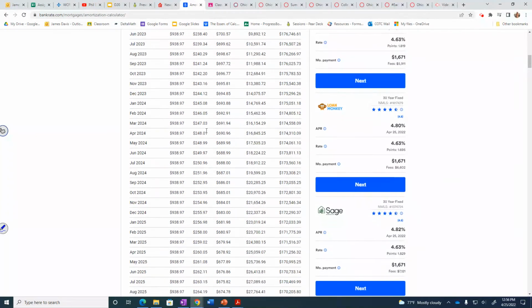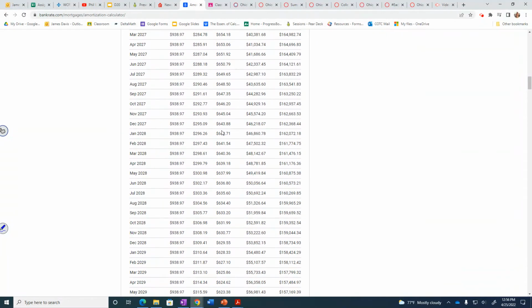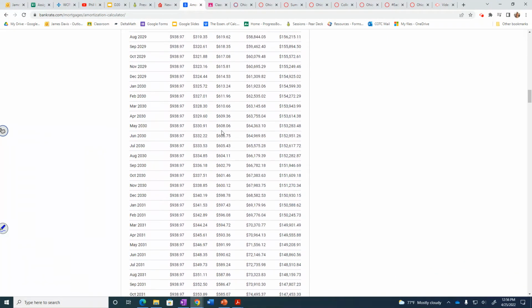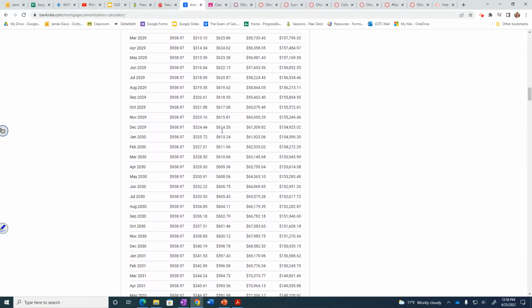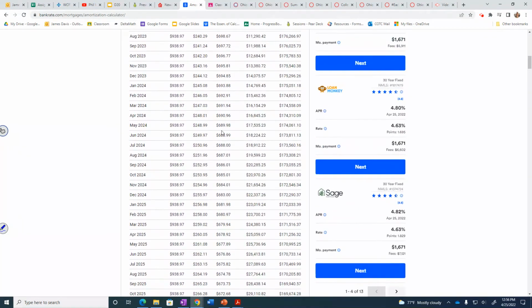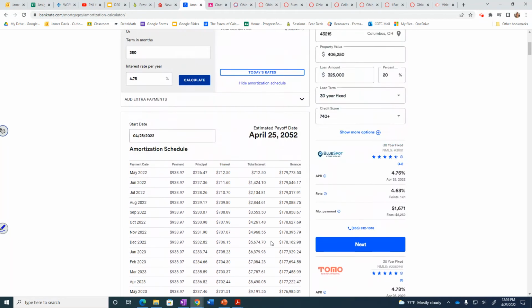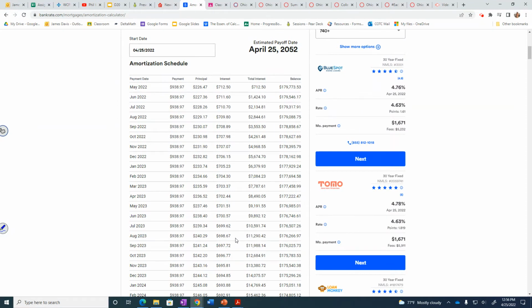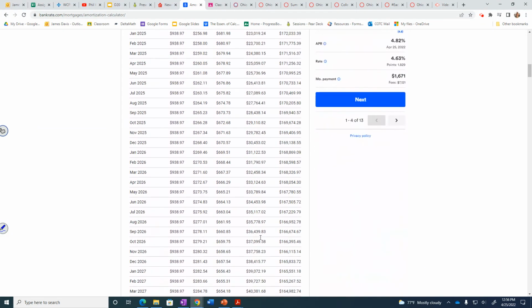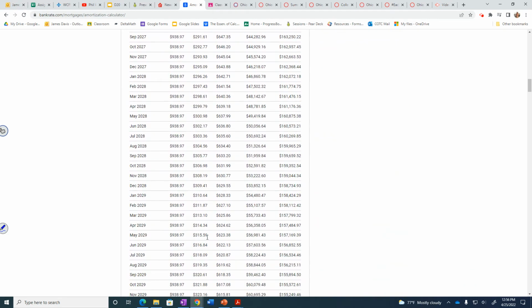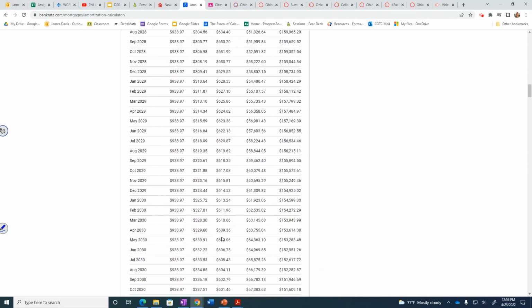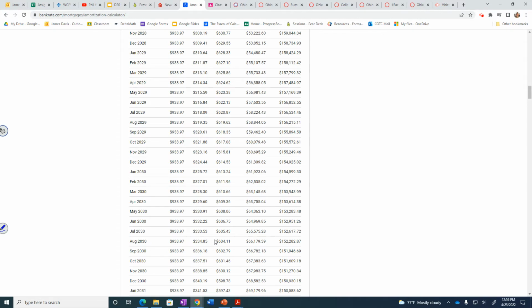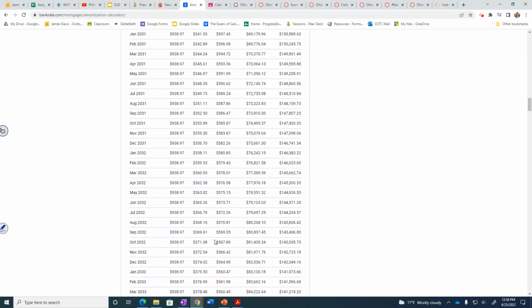This site's kind of neat because it shows you the amount after every single payment for all 30 years. What you'll see is, when you start, most of it's going towards your interest. This is how much is going to your principal, and this is how much is going to your interest. If you find where it flips, you can see this one's going up and this one starts to go down, because as the amount of the loan decreases, the interest is less.